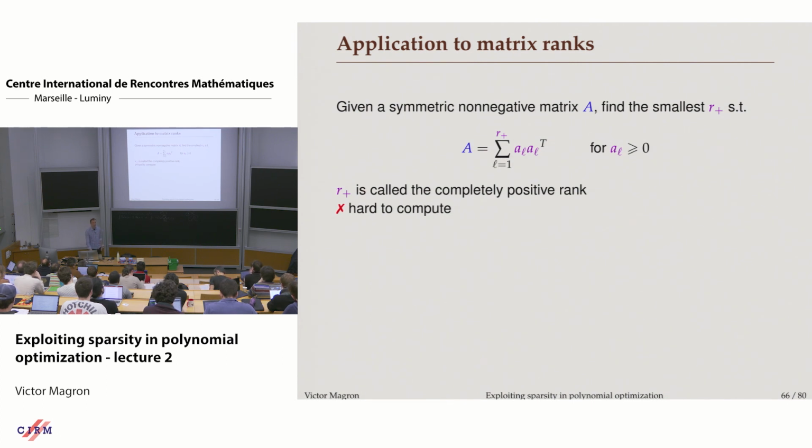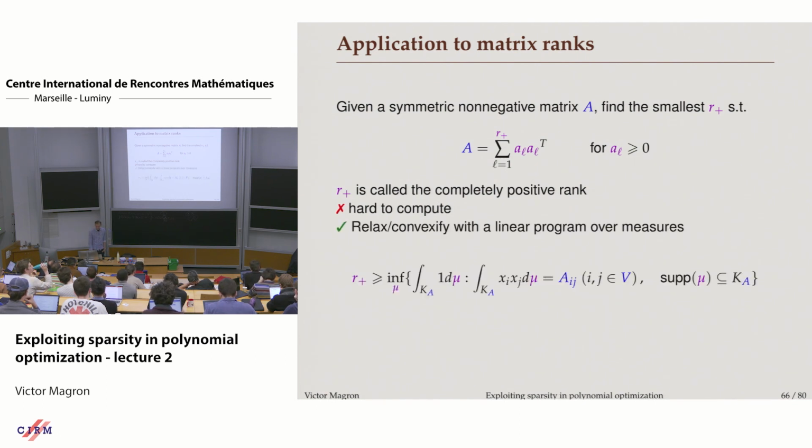For this, basically people sometimes give upper bounds on this rank for very specific matrices indexed by very specific graphs. But there is no known equivalence between the completely positive rank of this matrix and a linear program over measures.